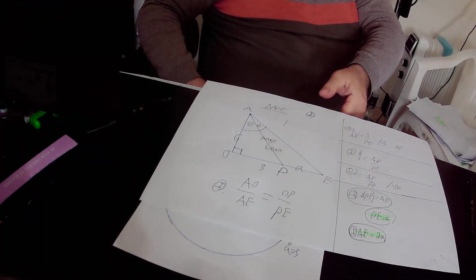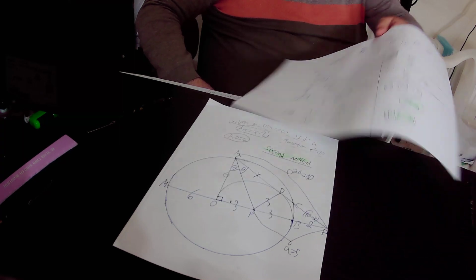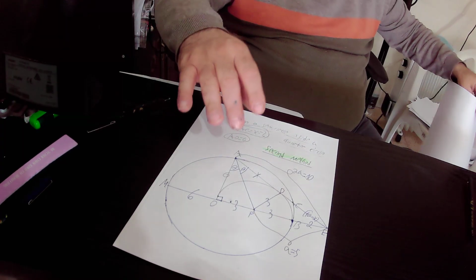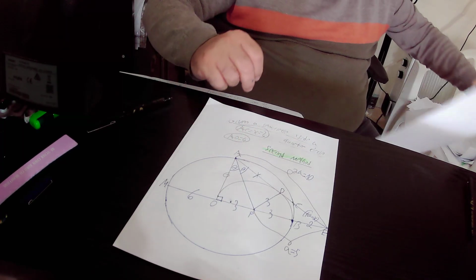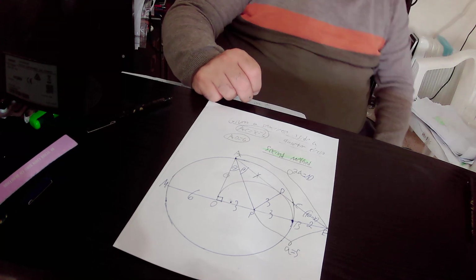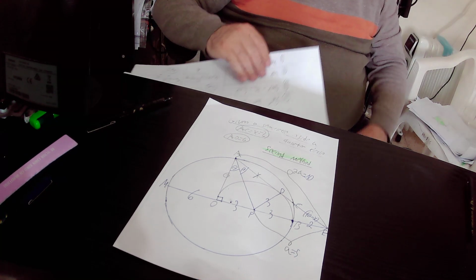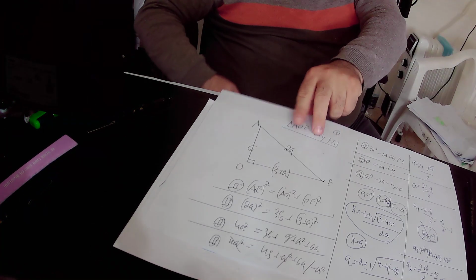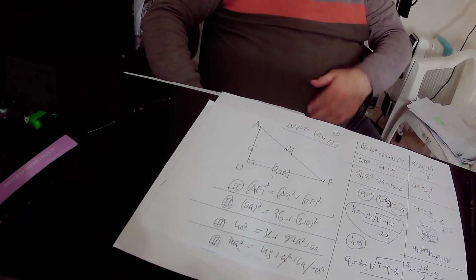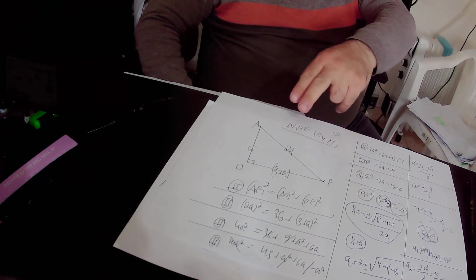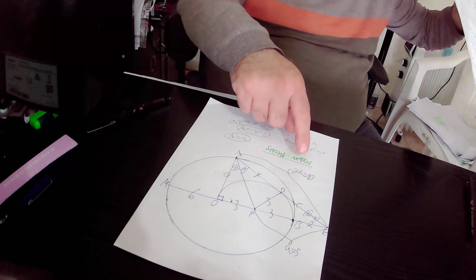Okay? In the next step, we implemented the Pythagoras theorem on the right triangle, the same right triangle AOE. We already found that AE equals 2a.